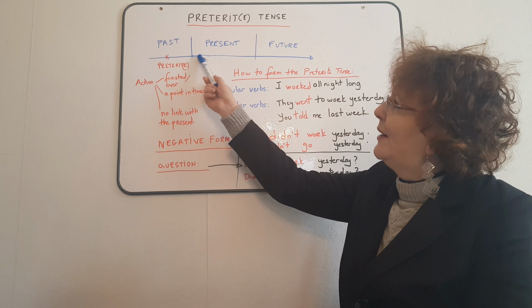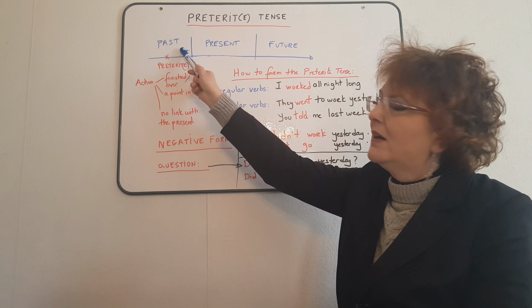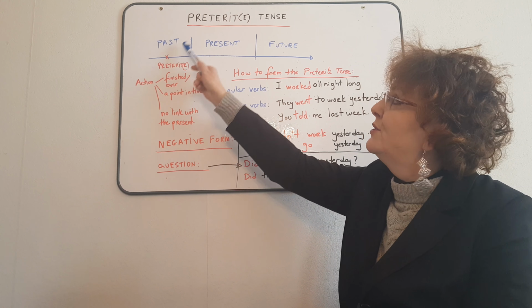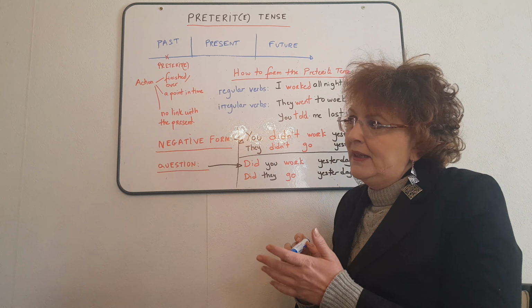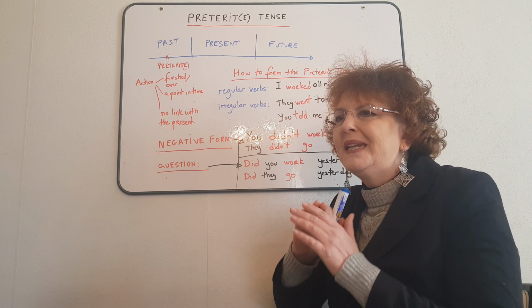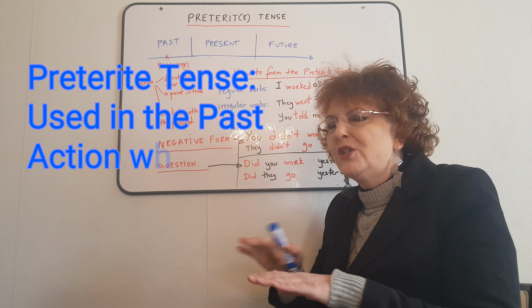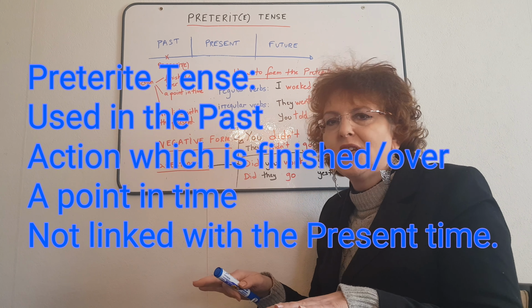First, let's take our timeline. Present, future, past. The preterite is used when we speak in the past. It is used for an action which is completely finished, which is over, which has nothing to do with the present time.